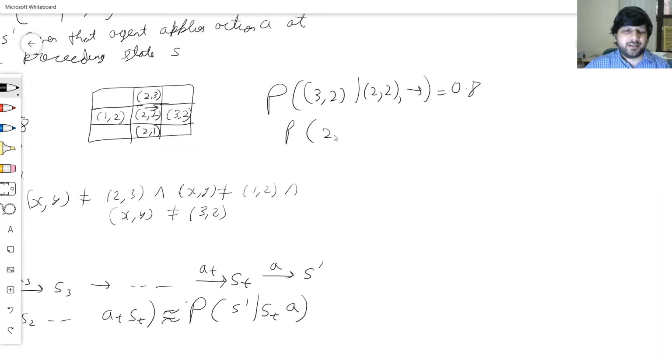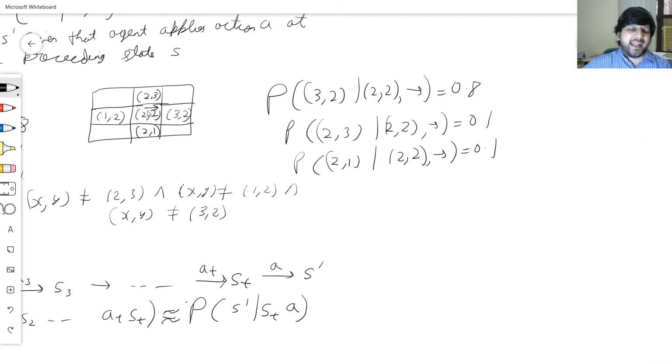The probability of going to 2 3 given from 2 2 you applied the action right is equal to 0.1. Probabilities need to add up to 1. So of course the probability of going to 2 1 given from 2 2 you applied the action right is also 0.1.